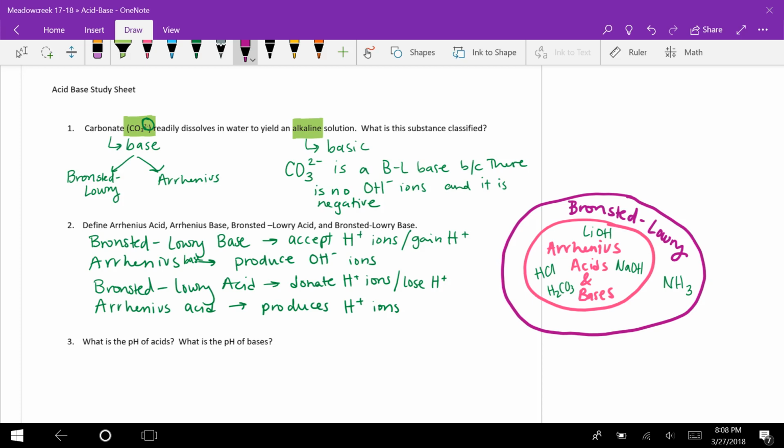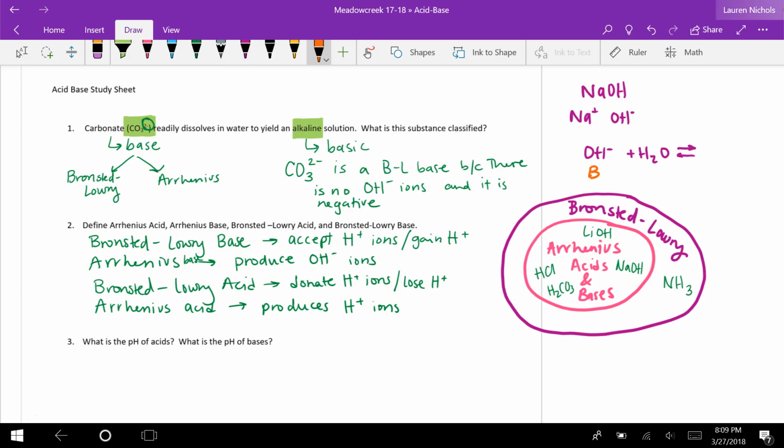The way that you can really tell this is if you look at what happens. If we take something like NaOH, that is an Arrhenius base. NaOH is ionic, so it's going to break apart into Na+ and OH- in water. When it's in that water, the OH- will react with the water and force the water, which is amphoteric, meaning it can do both, to donate a hydrogen.